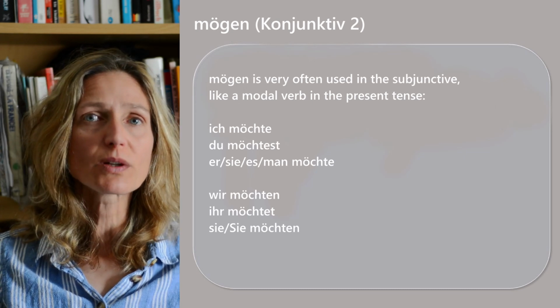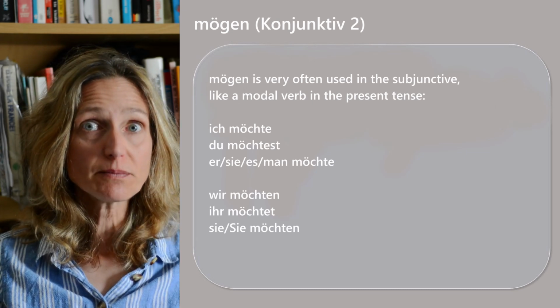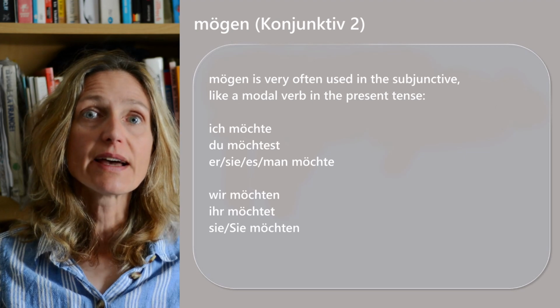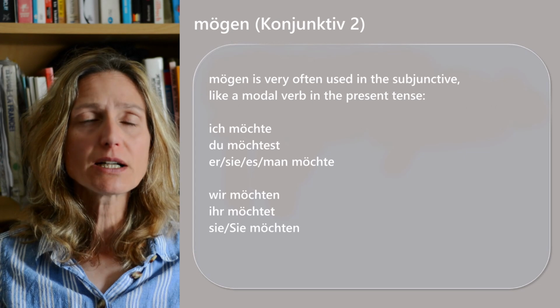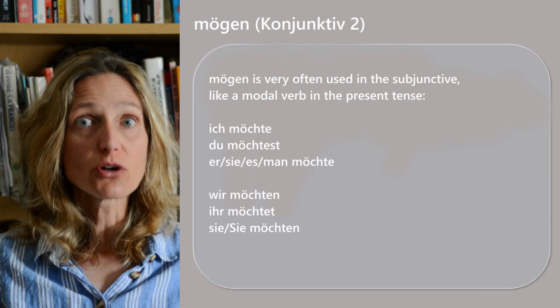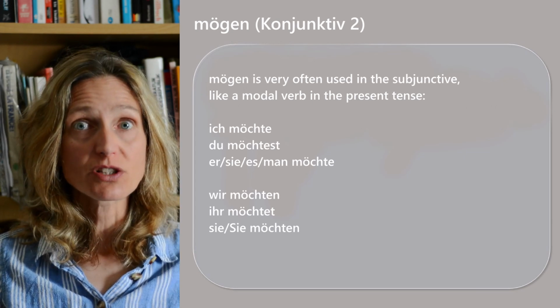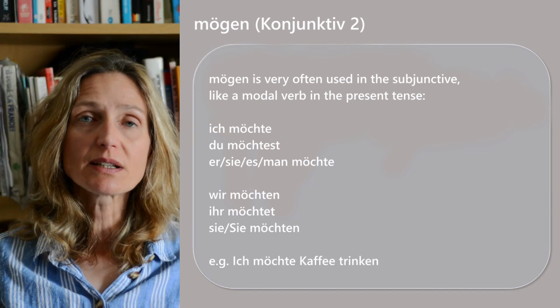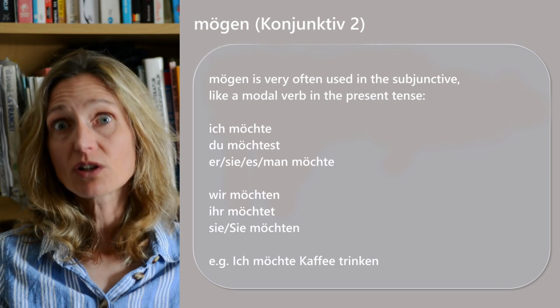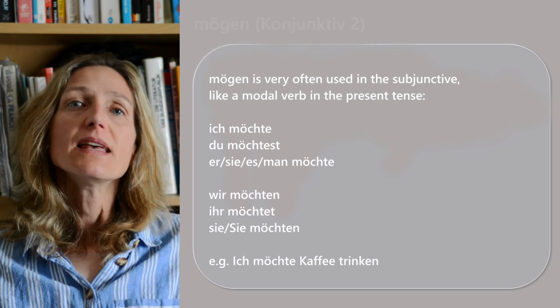I'll go through these once more. Ich möchte, du möchtest, er, sie, es, man möchte, wir möchten, ihr möchtet, sie möchten. So an example sentence would be Ich möchte Kaffee trinken. I would like to drink coffee.